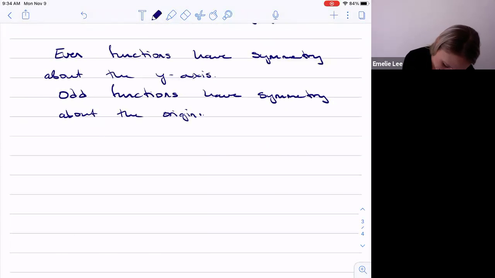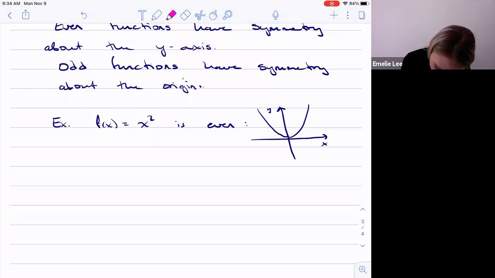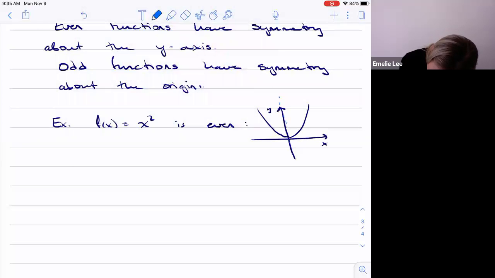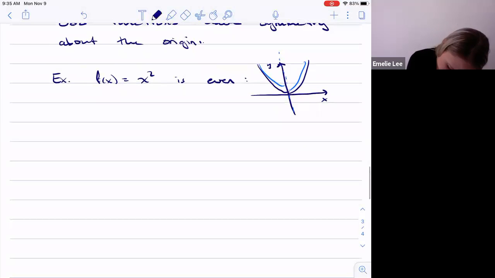All right, and so just as an example for the graphically, f of x equals x squared is even, right? Because you have this kind of symmetry about the y-axis. Okay. Whereas f of x equals x to the 3 is odd.